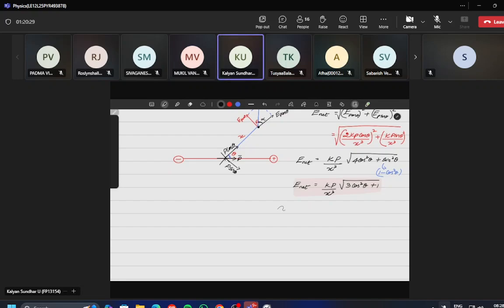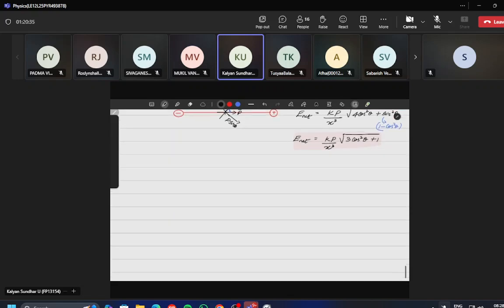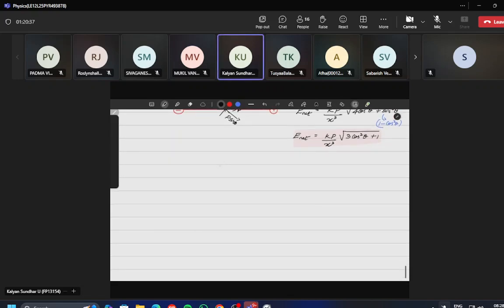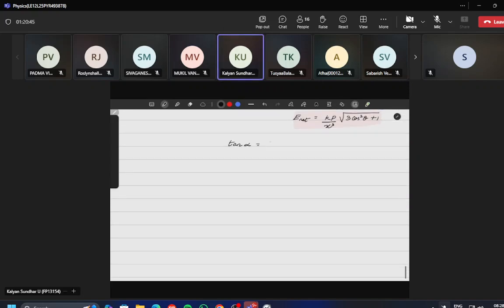Right. So next is the direction of your electric field, how much angle it makes. So E net makes how much angle? Tan alpha is how much, sir? Opposite over adjacent: E sin theta divided by E cos theta.